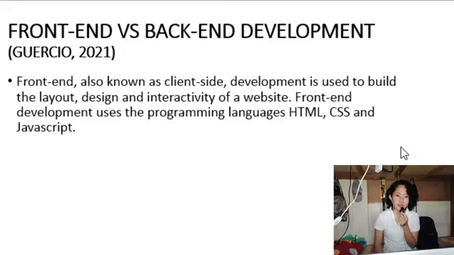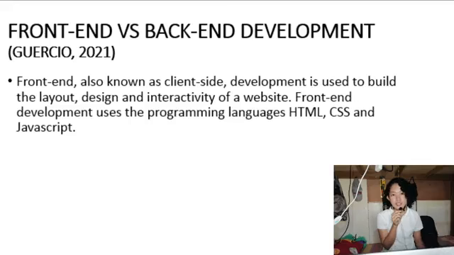So there are two parts of the website: the front end and the back end. Front end is for the client side. This is the part that we all see in a website: the images, the texts, the designs, and everything there is visually.